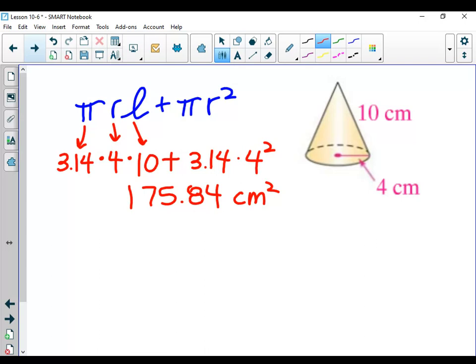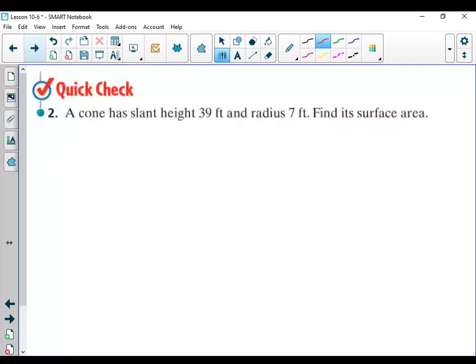It's from the area of the circle. Good. It's catchy. Got this one? Ready for the other one?